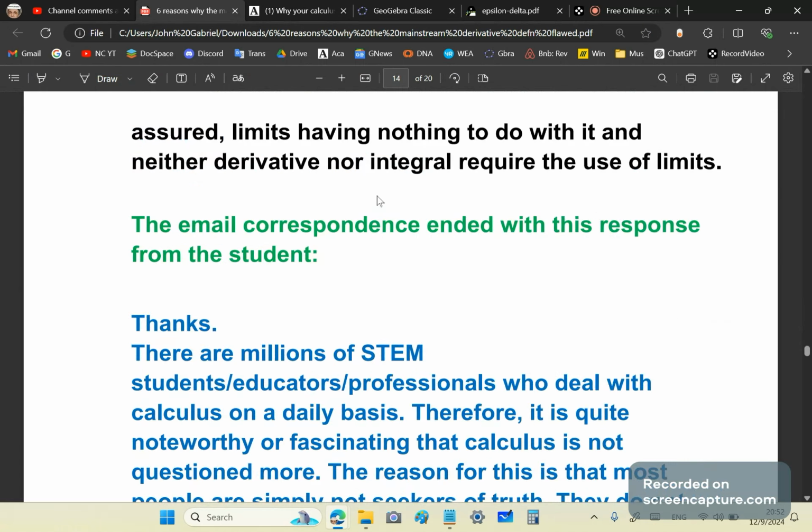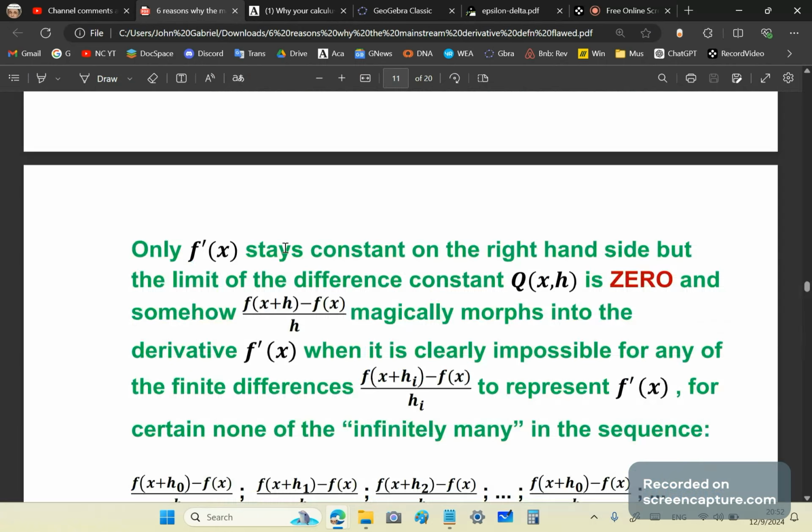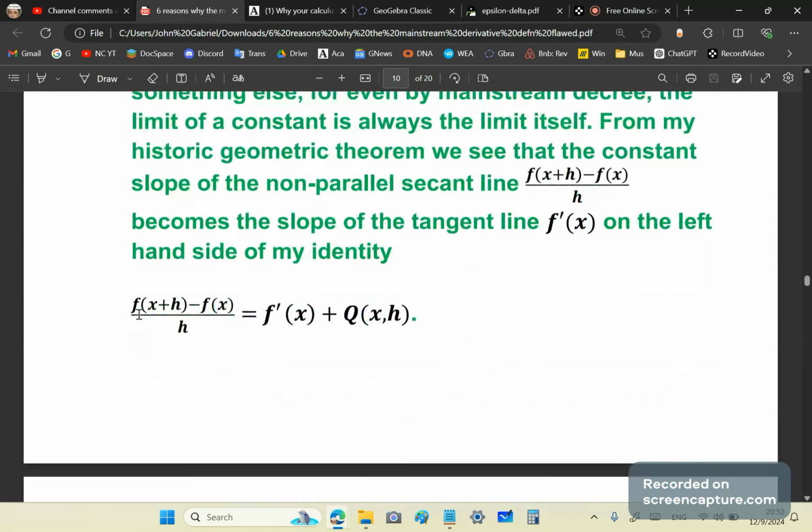I've given you the historic geometric theorem. That's this definition here. I've helped you. This is the definition. This has no limits, no infinity, none of that inequality BS that you find in your semester course on introductory calculus, or your basic analysis or your real analysis, whichever way you want to call it.